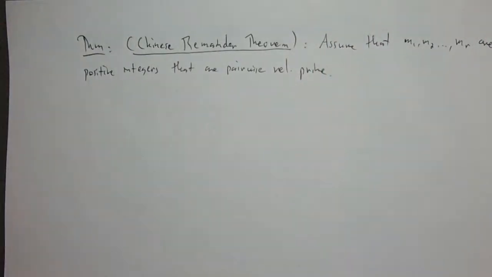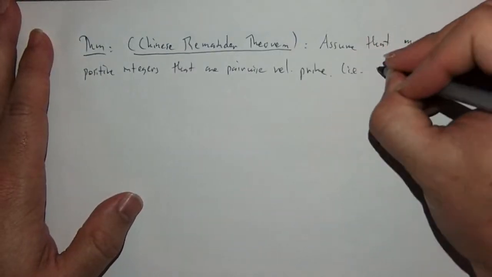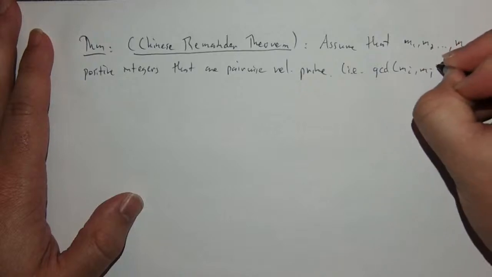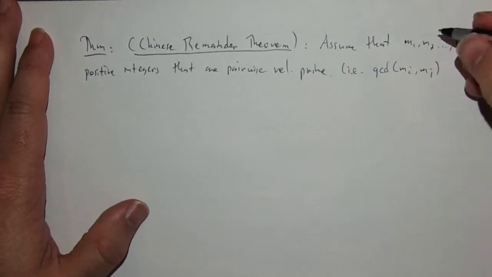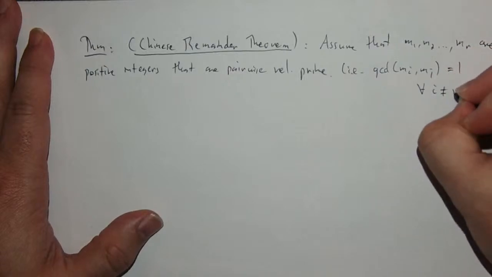Right? The way to think about this is, i.e., GCD of m sub i and m sub j is equal to 1 for all i and j that differ.